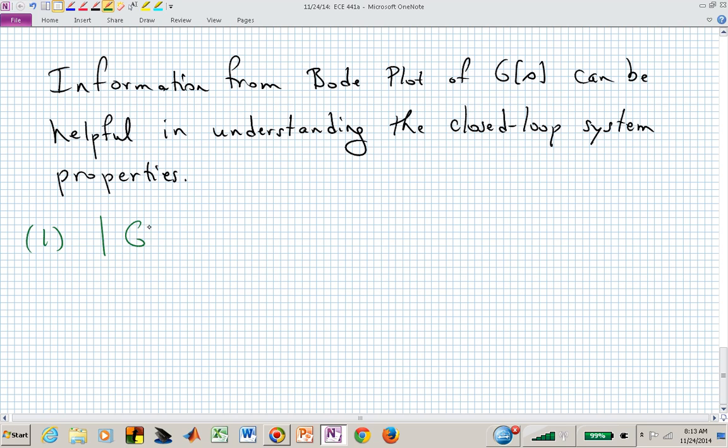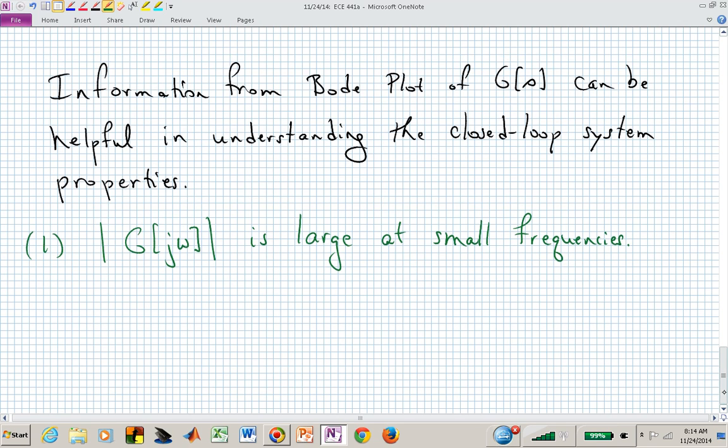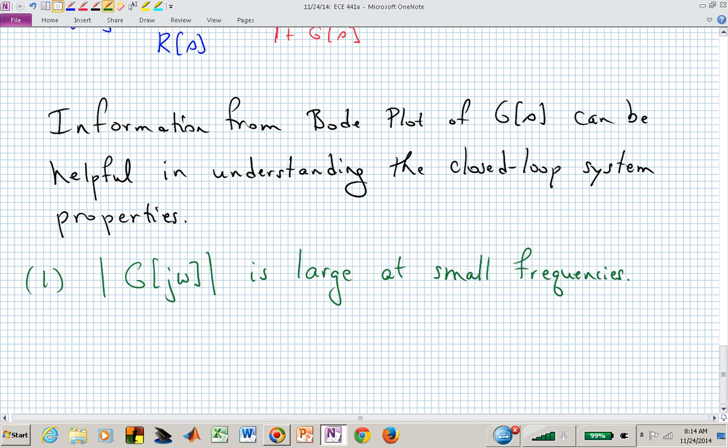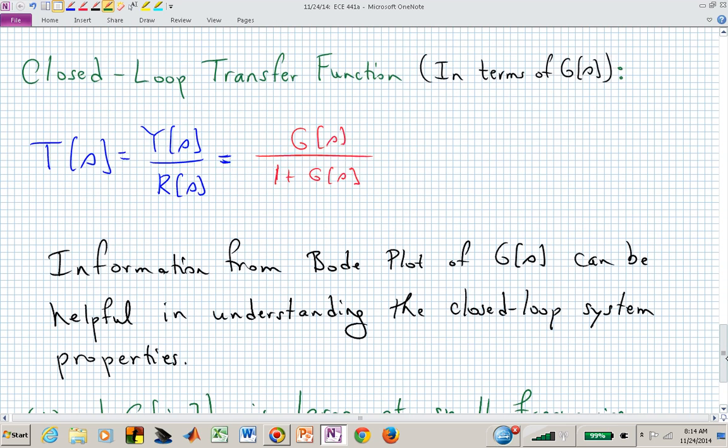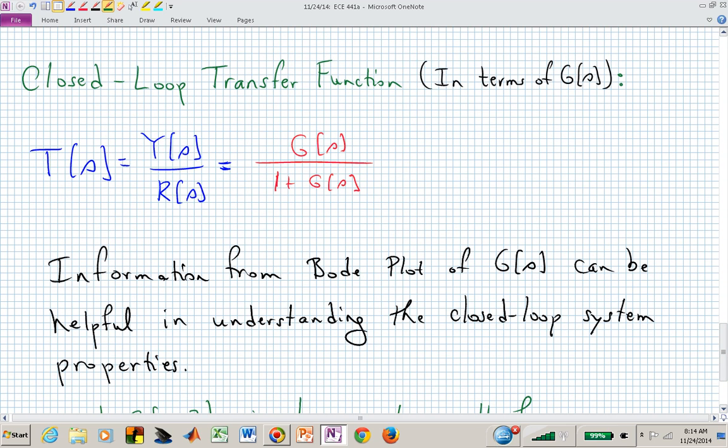Suppose we notice that the magnitude of G of j omega is large at small frequencies. Suppose we look at the Bode plot and we go, wow, G is big at small frequencies. What can we say about the closed loop transfer function T of S?